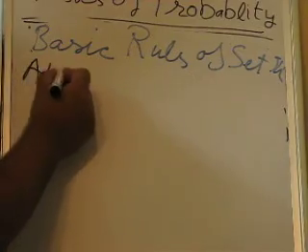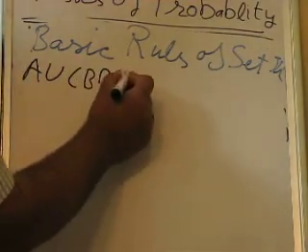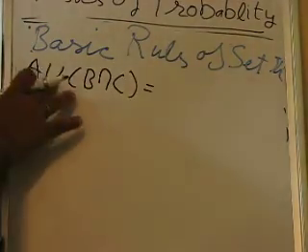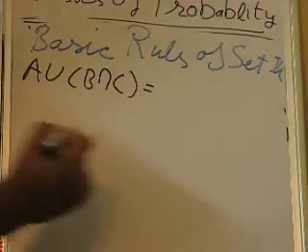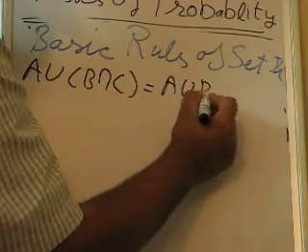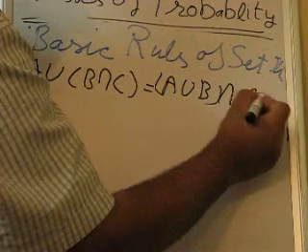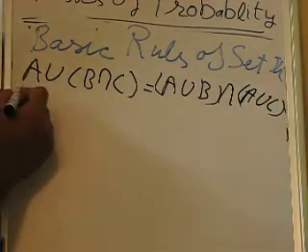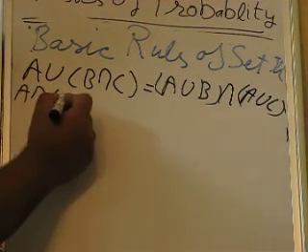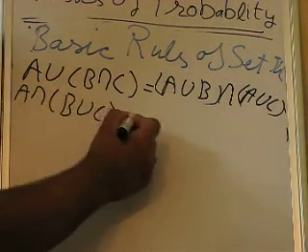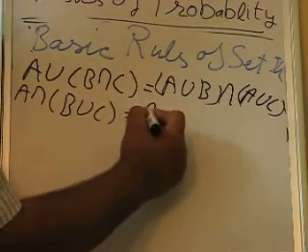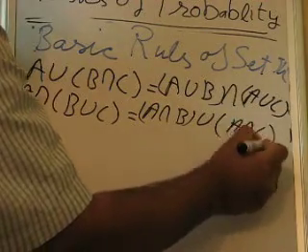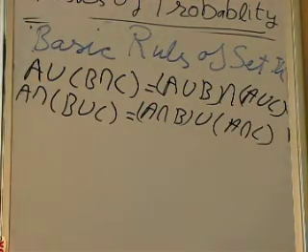You have A union B intersection C. What it becomes is you combine union with B and union with C, so it will be A union B intersection A union C. Similarly, if you interchange union and intersection signs, A intersection B union C is equal to A intersection B union A intersection C. This is called the distributive law.